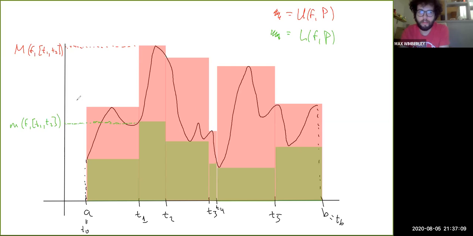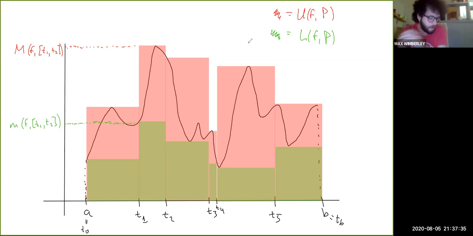You can also see visually why, when you fix one single common partition, the lower sum has to be less than or equal to the upper sum for that partition. If you have two different random partitions, it turns out that the upper sum is still bigger than the lower sum, but it's harder to see why.